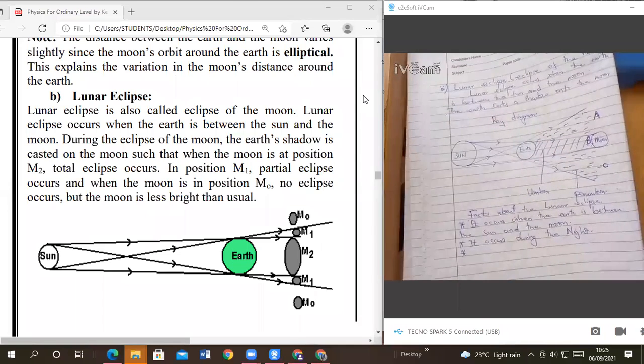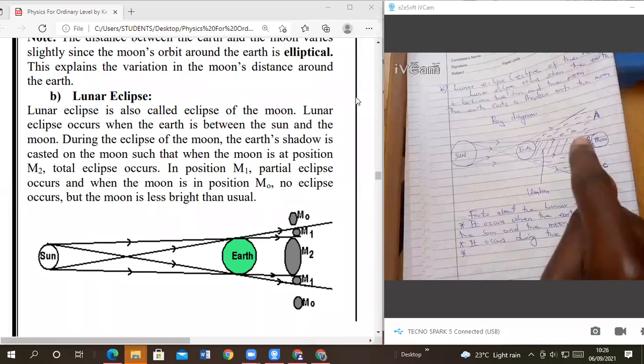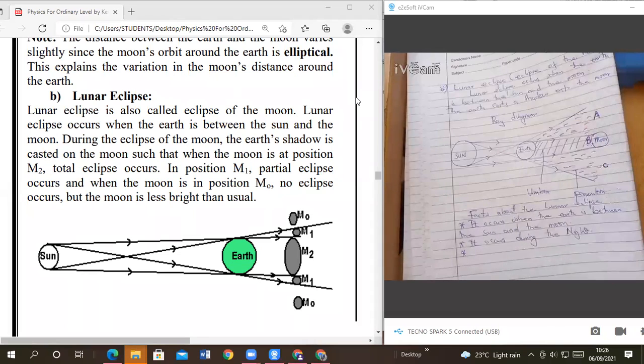What else have you seen? The earth's shadow falls on the moon. Good. That one will form both umbra and penumbra.